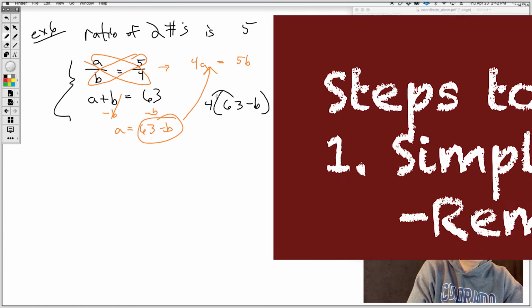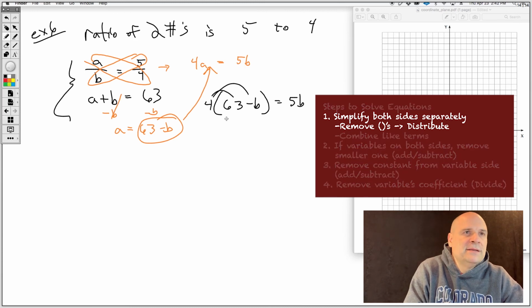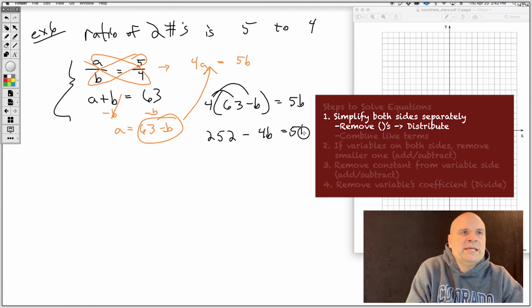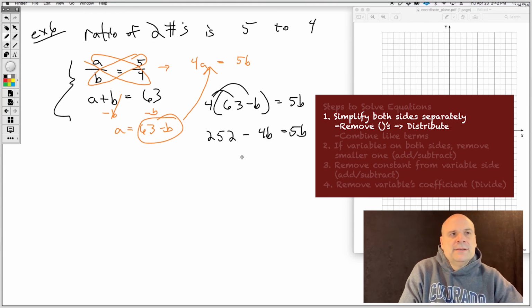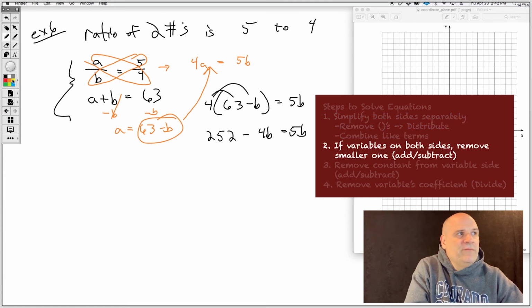All right, distribute that. So we get 252 minus 4b equals 5b. All right. So both sides are simplified. Second step to solving equations is get rid of the smaller variable term. You do have one, that's negative 4b, so add 4b to both sides.